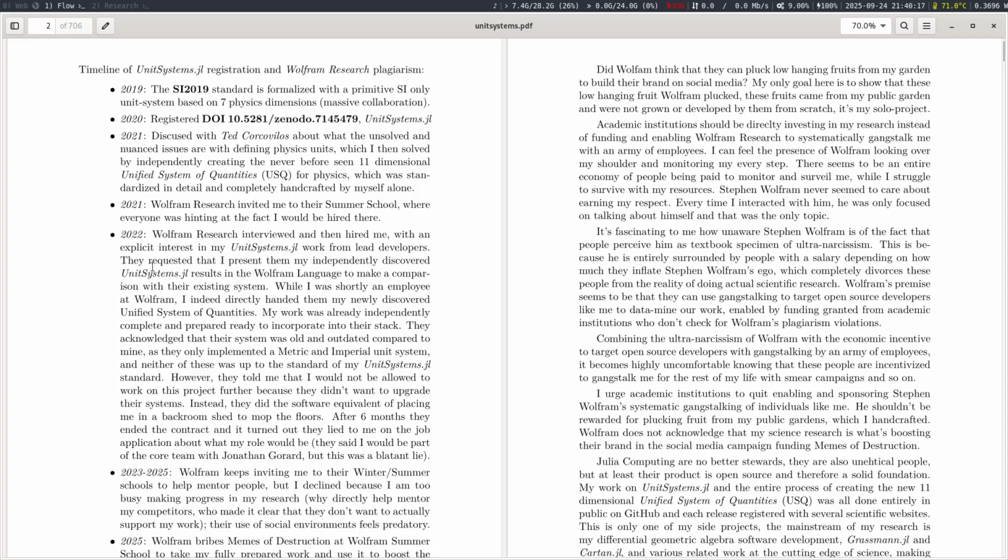They requested that I present them my independently discovered UnitSystems.jl results in the Wolfram language to make a comparison with their existing system. So while I was shortly an employee at Wolfram, I indeed directly handed them my newly discovered Unified System of Quantities. And when I did that, my work was already independently complete and prepared, ready to incorporate into their stack.